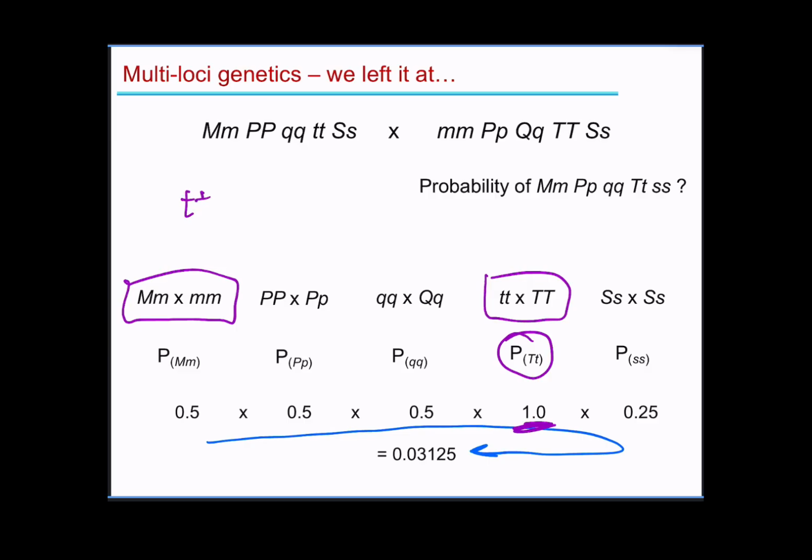Out of this, the probability of the first parent contributing dominant and the second parent contributing recessive is 0 times 0. But when we're asking the probability of a heterozygote in the progeny, we don't care which way it is. And that's why we need to consider both possibilities.